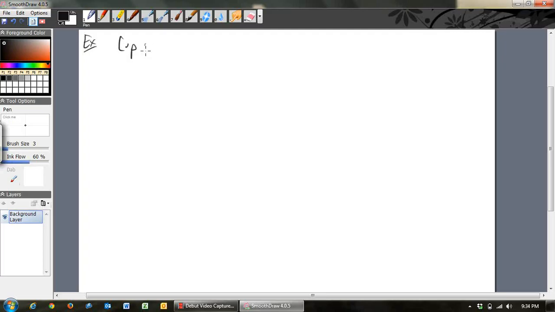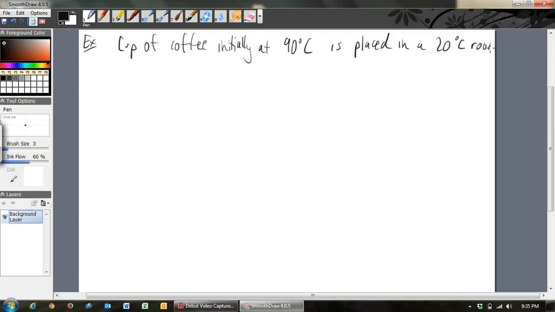Okay, let's do that cup of coffee. A cup of coffee initially at 90 degrees Celsius is placed in a 20 degree Celsius room. After, let's say, 5 minutes, the coffee is, it's going to work out nice.